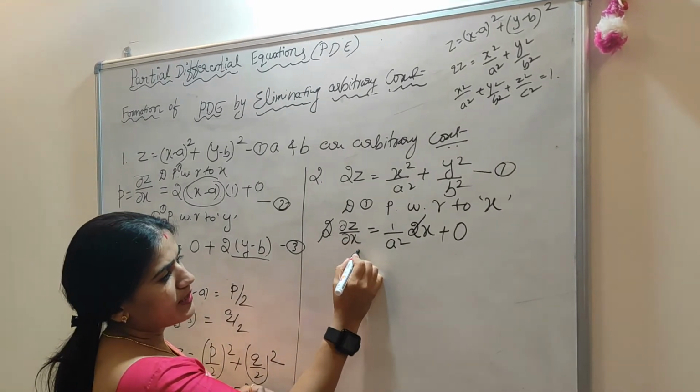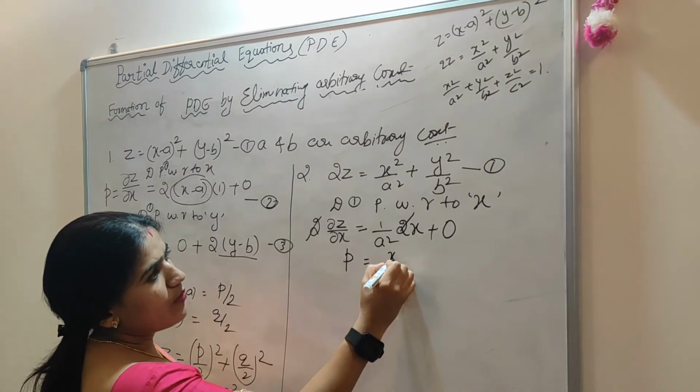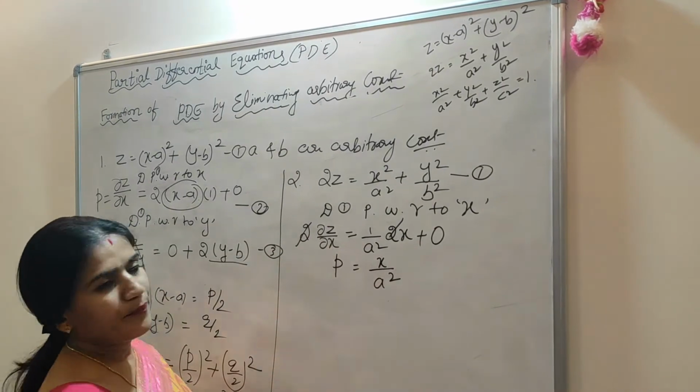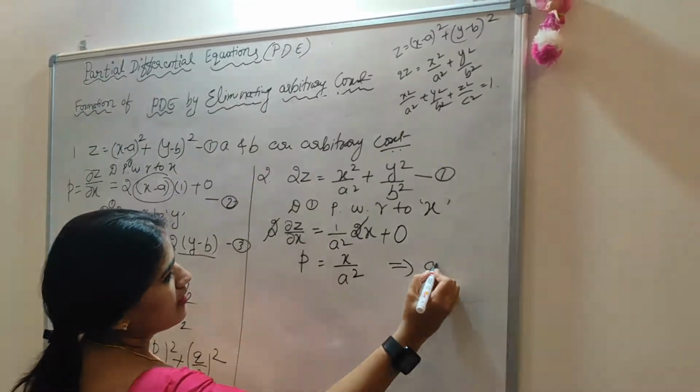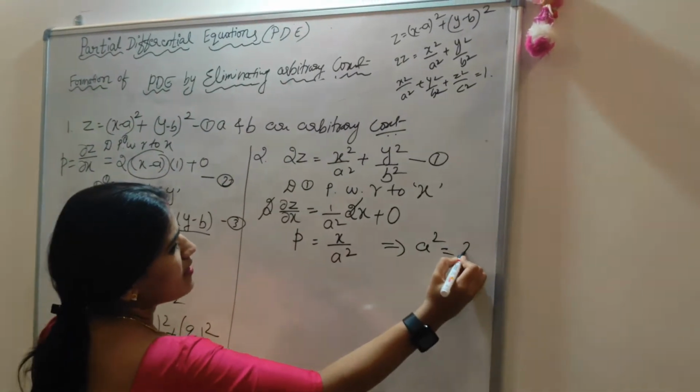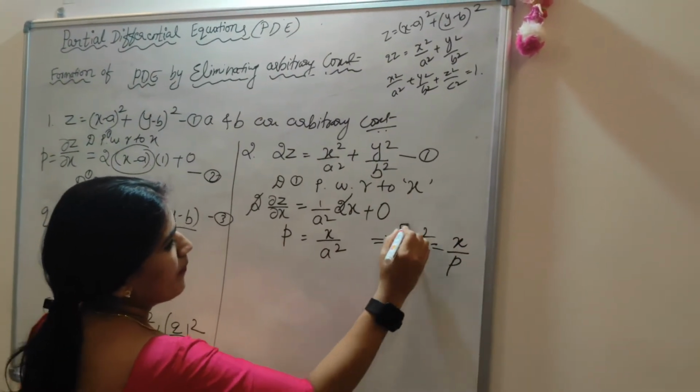Dou z by dou x is p, so p is equal to x by a square. From this I can extract the value of a square: a square means x by p.